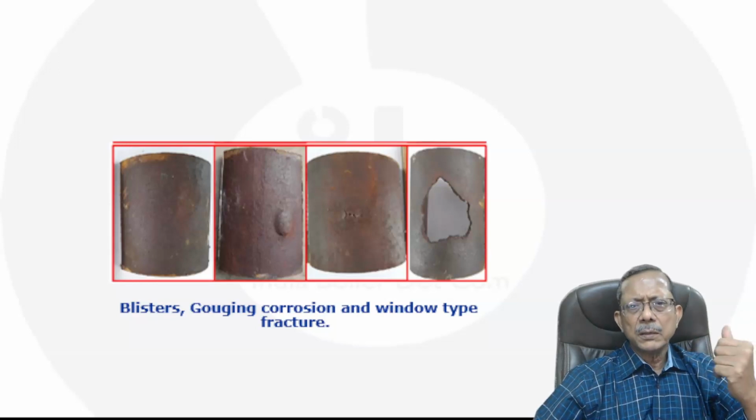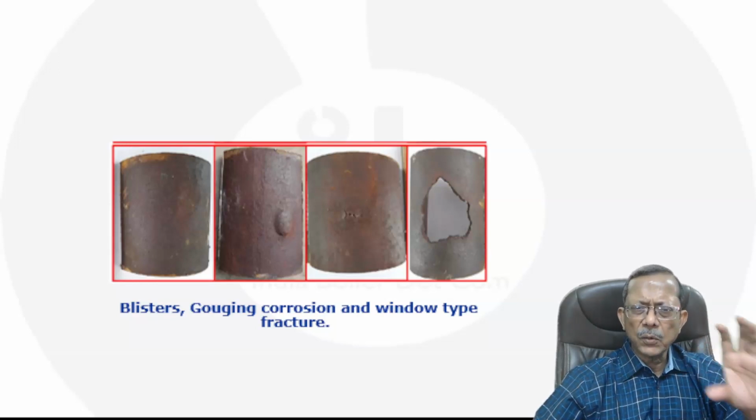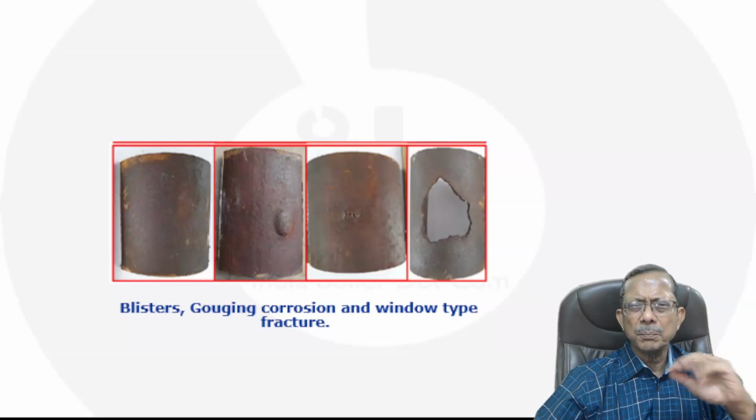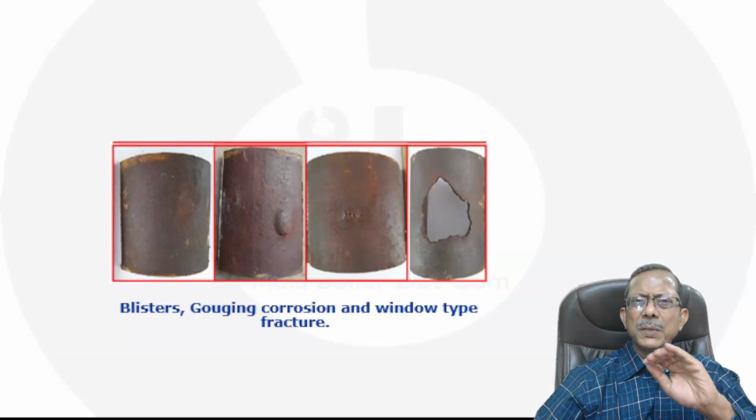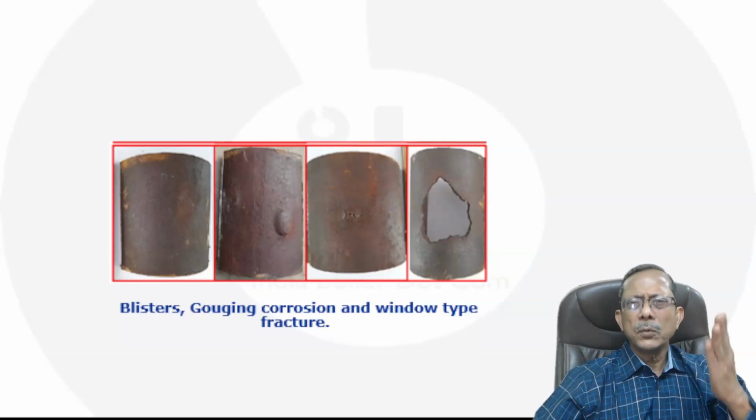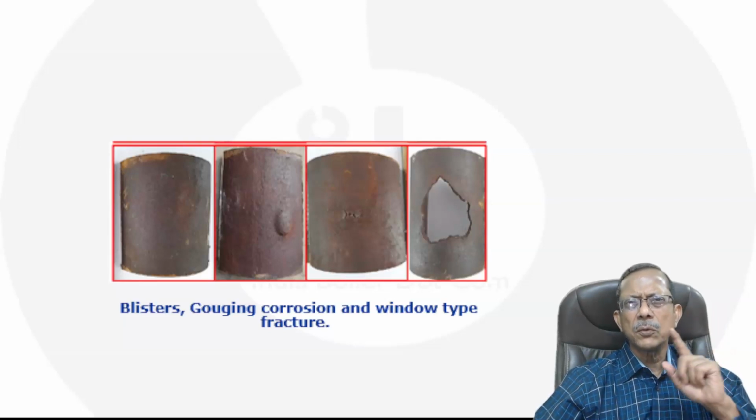When I checked the failed components, I found a lot of indication of corrosion, with blister formation on the OD side. Now let me tell you, whenever there is a blister formation on the OD side, always cut the tube and look from the inside. You are going to find there is a corrosion pocket there, right?